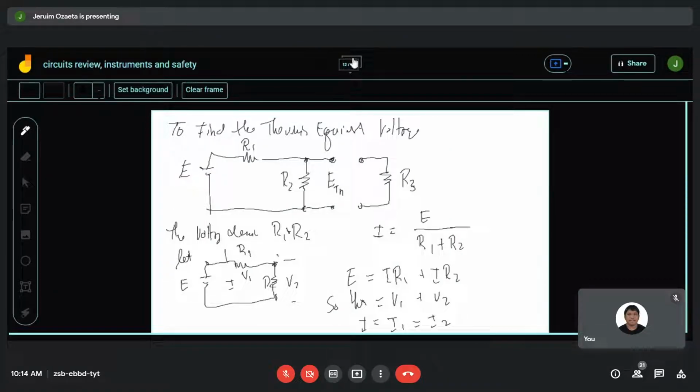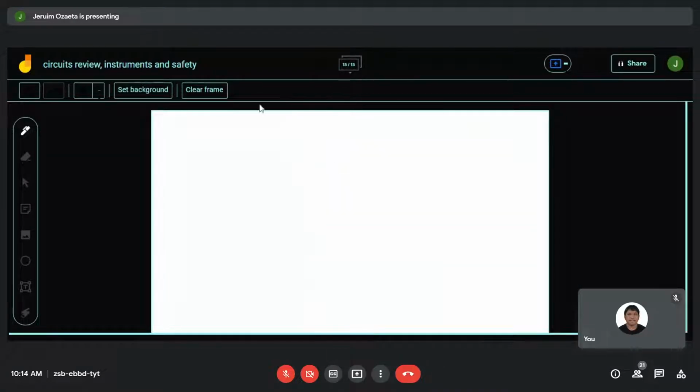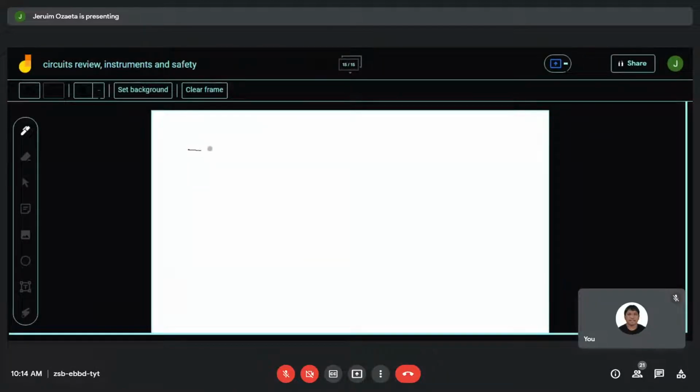You can now draw the circuit. It has no value yet. Okay, let's give it a value. Let's say this is 9 volts, 2 ohms, 3 ohms, and the load is 4 ohms.